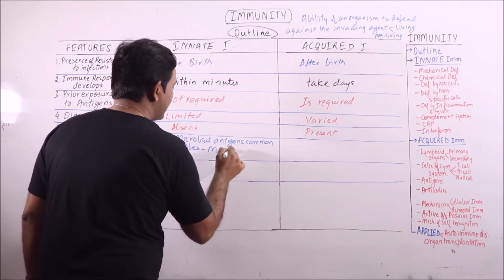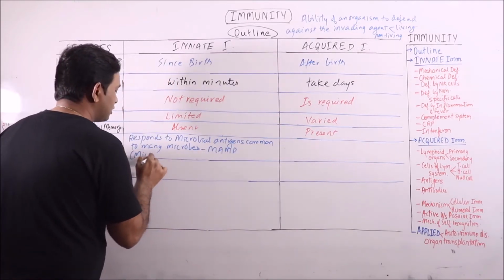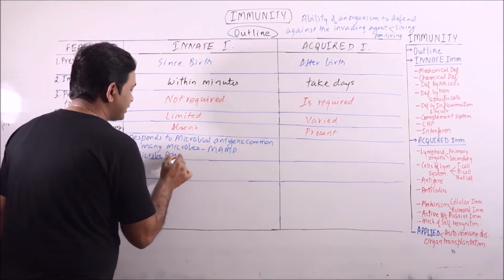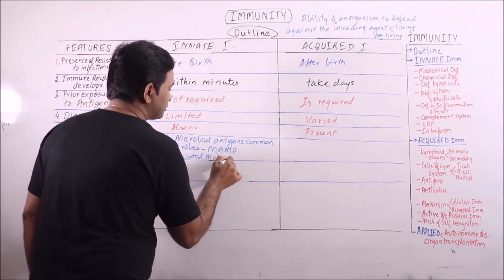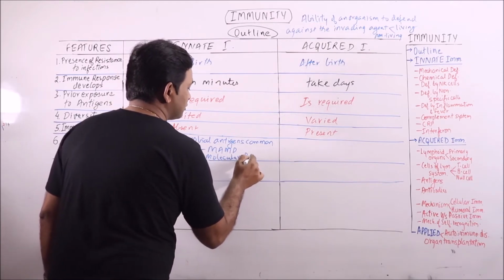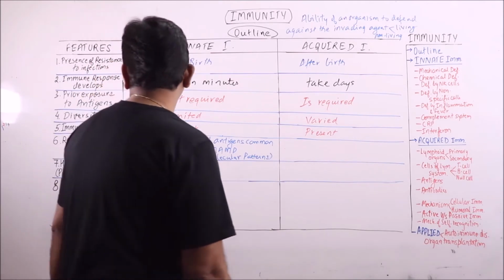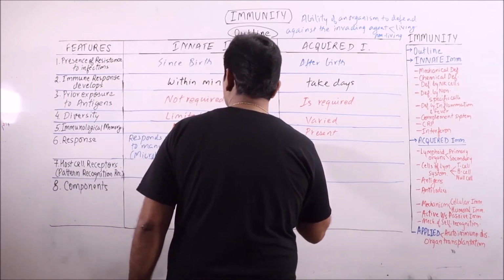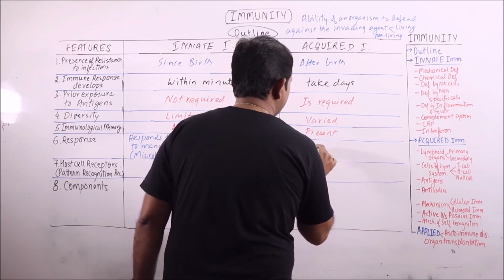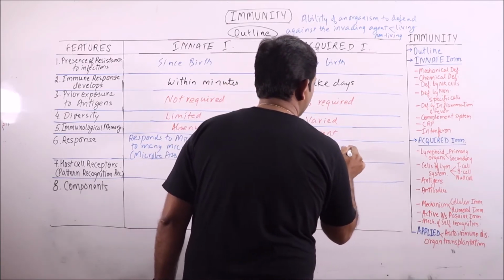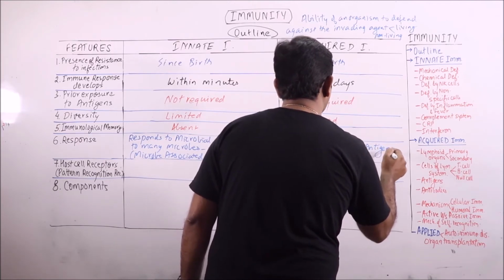These are known as MAMP, that is, microbe associated molecular patterns. While acquired immunity responds to specific microbial antigens.